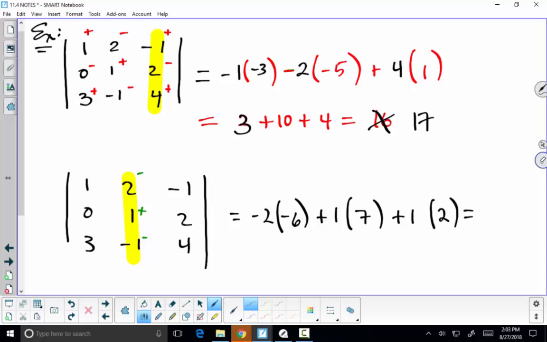Right here. -2. That's -1 minus 6. -1 minus 6 is? -7. Oh, good grief. Okay, so that's +14 in the middle. +14. So now we're up to 21. 21. Now does it match? Yes, now it matches.